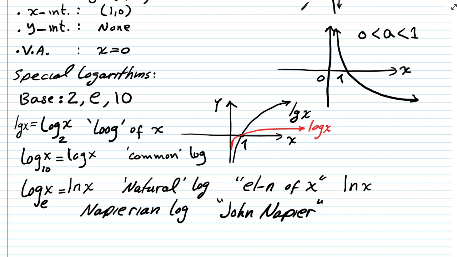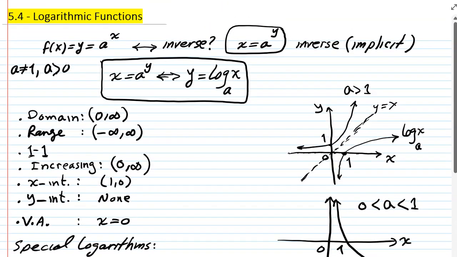And I should also say that Napier's approach to logarithms was quite different than what we're doing right now, and it has nothing to do with the way we define logarithms.